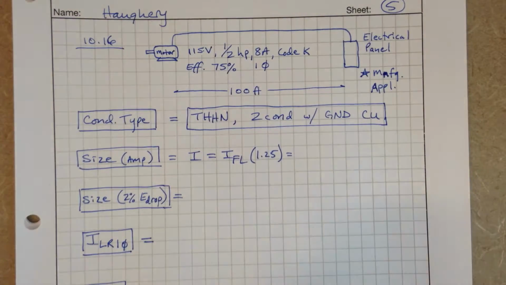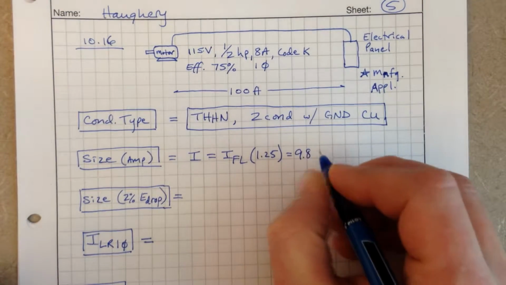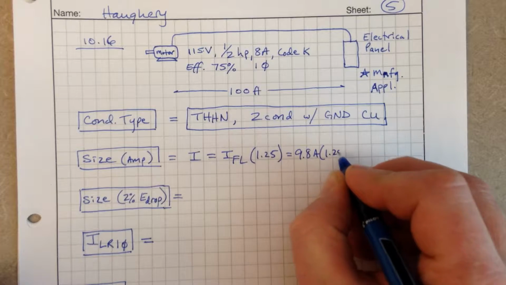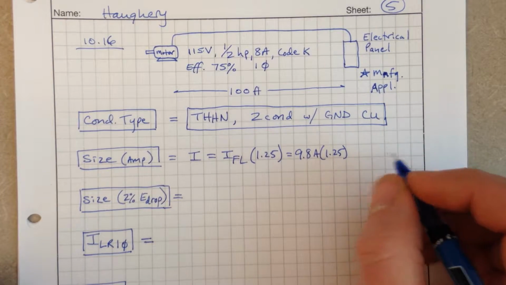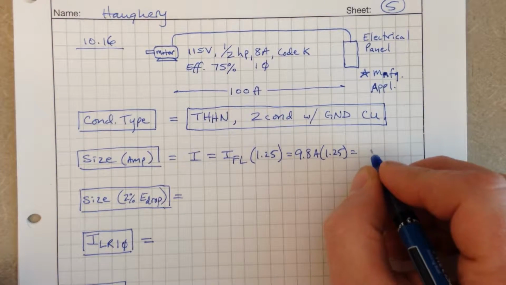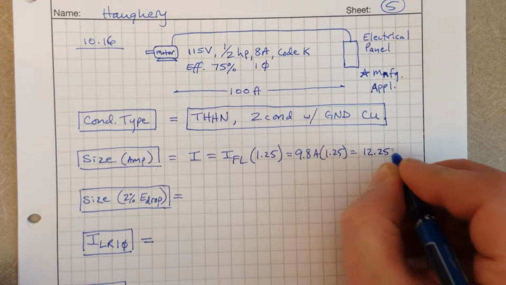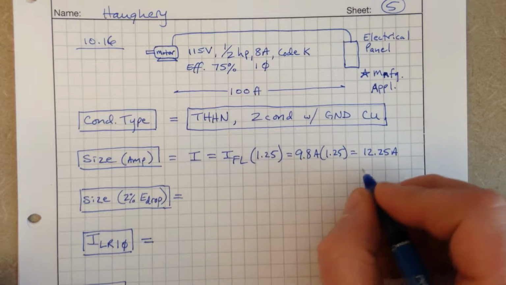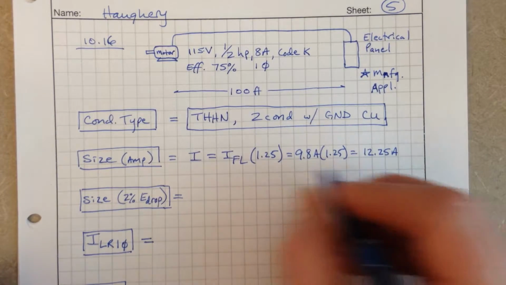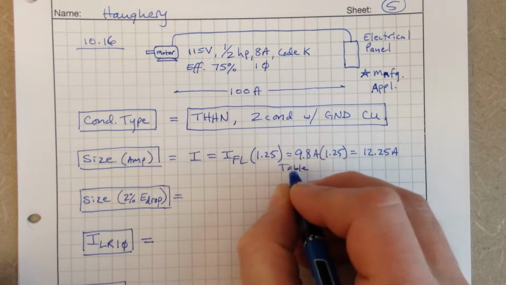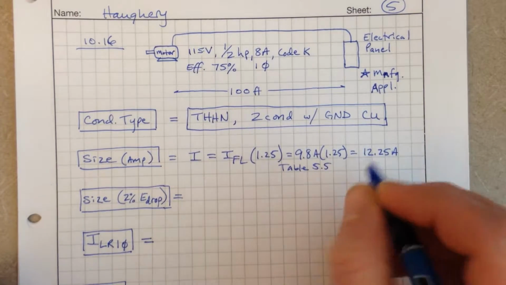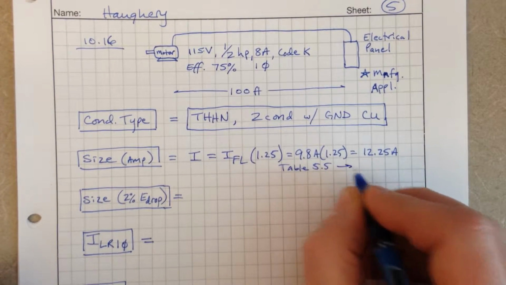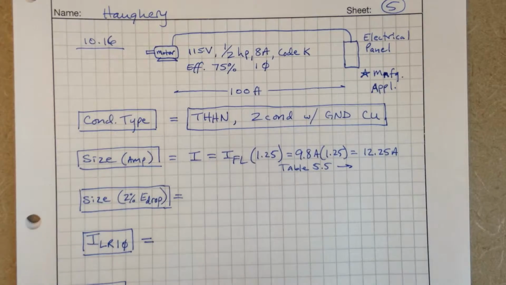So then we're going to put in 9.8 amps times our 1.25, and we get out 12.25 amps. So now we can look at table 5.5, and we can look at the 12.25.